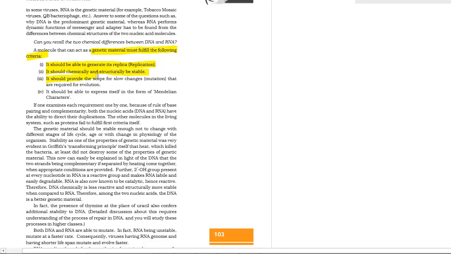It should provide the scope for the slow change, the mutation, that is required for evolution. Mutation is not bad; on the contrary, it is one of the major forces of evolution. But we do not want mutation to happen very rapidly. We want mutation to happen at a steady rate, and a steady rate is going to help evolution much better.